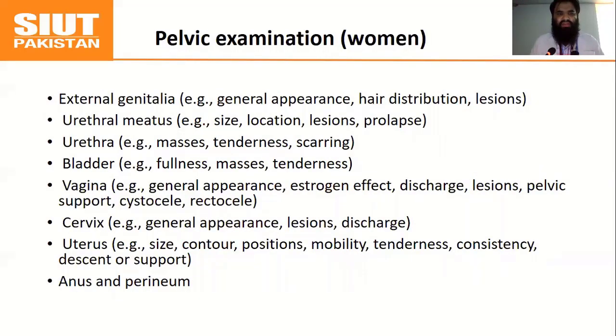In pelvic examination of the woman, the external genitalia, urethral meatus size, location, lesions, prolapse, urethral tenderness, scarring, masses, bladder fullness, vaginal examination for estrogen effect, general appearance, discharge, cervix, uterus, anal and perineum examination is compulsory.